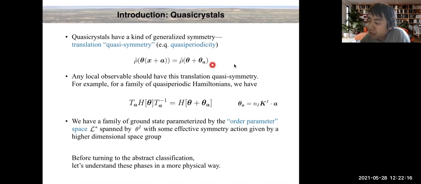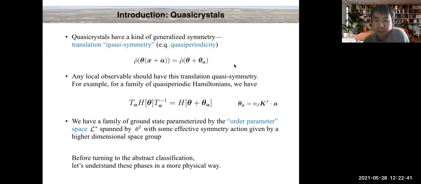You can only see this property by extending the original density function to a family of density functions parameterized by theta. In particular, any local operator should have these translation quasi-symmetries. For example, a family of Hamiltonians should satisfy these properties.